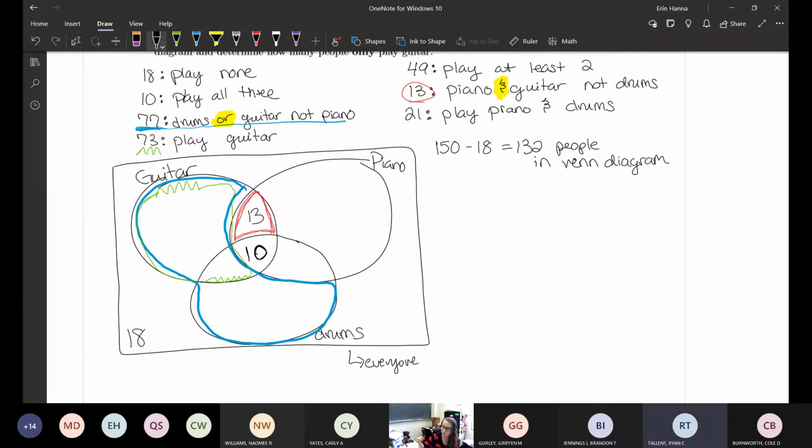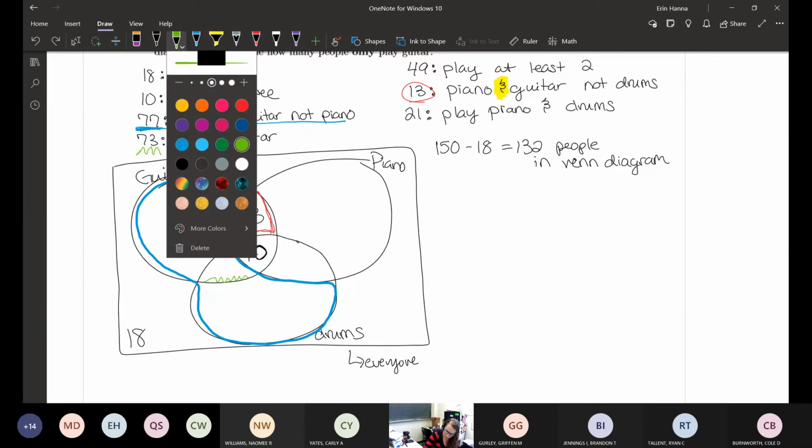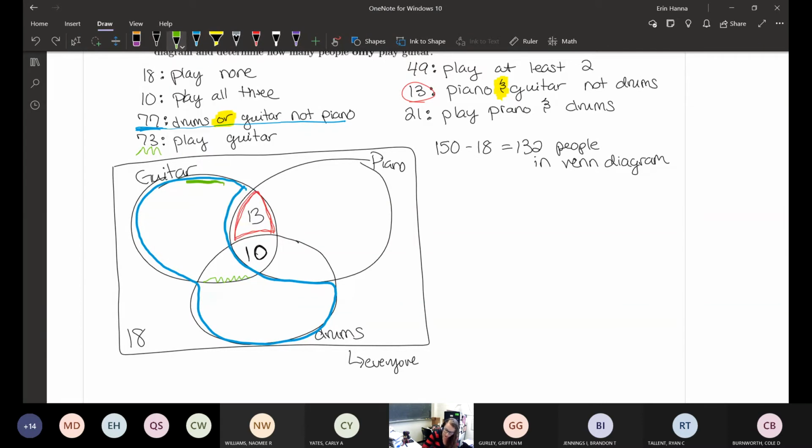With the 73 people that play guitar, does it say that they just play guitar? I actually drew that a little incorrectly. Let me also make this a little larger. But no, it's not saying that they only play guitar.